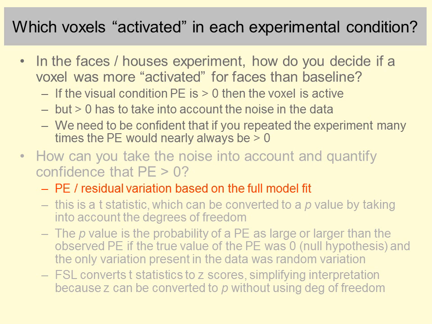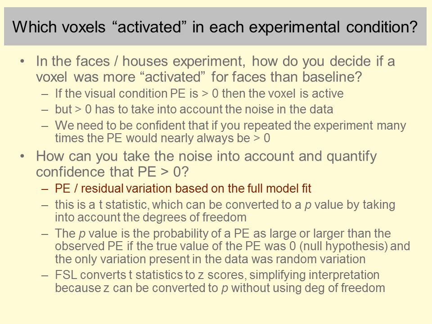That's our null hypothesis. So how do we actually take this noise into account and quantify our confidence that the parameter estimate is greater than 0, i.e. calculate a p-value?